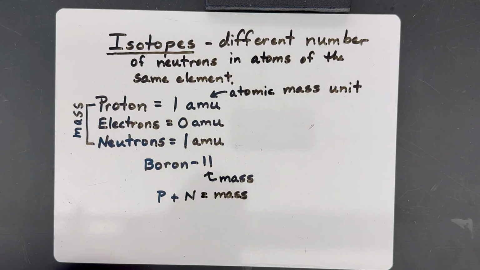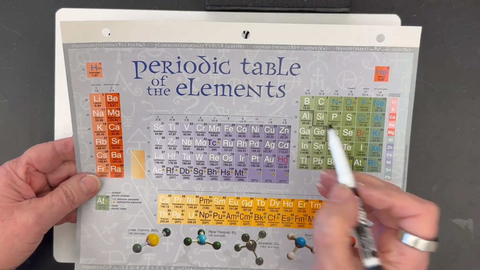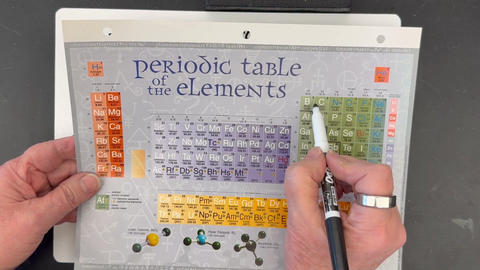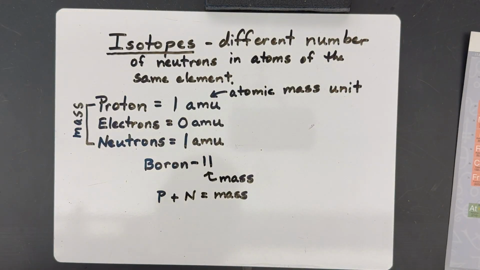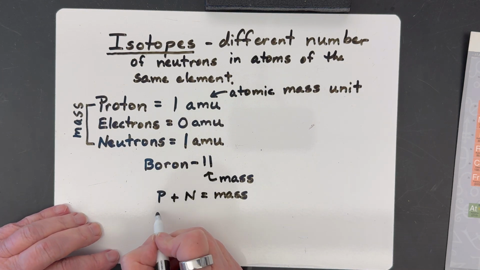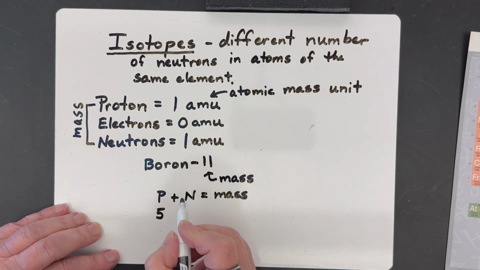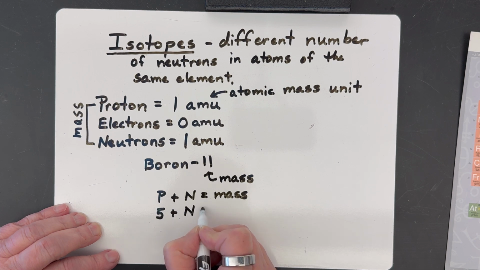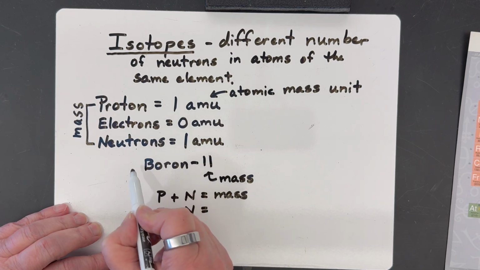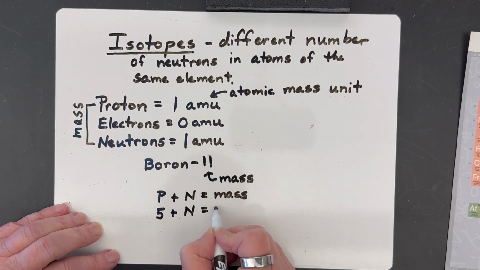Remember, we looked on our periodic table and we found boron, and it has an atomic number of 5. So that means that its number of protons is 5. We are trying to find the number of neutrons, and when it's written like this, that tells us the mass is 11.